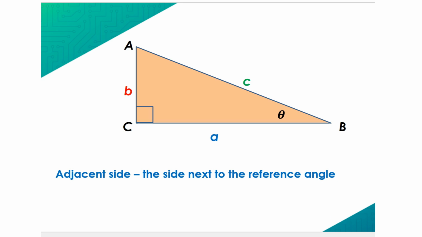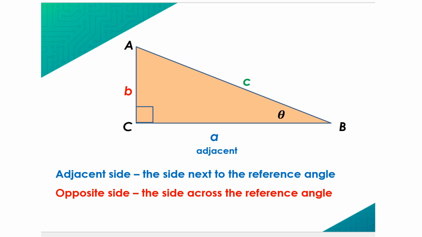The adjacent side is the side next to the reference angle. Our reference angle here is B, or angle theta. So the side next to this angle is A. For the opposite side, this is the side across the reference angle.